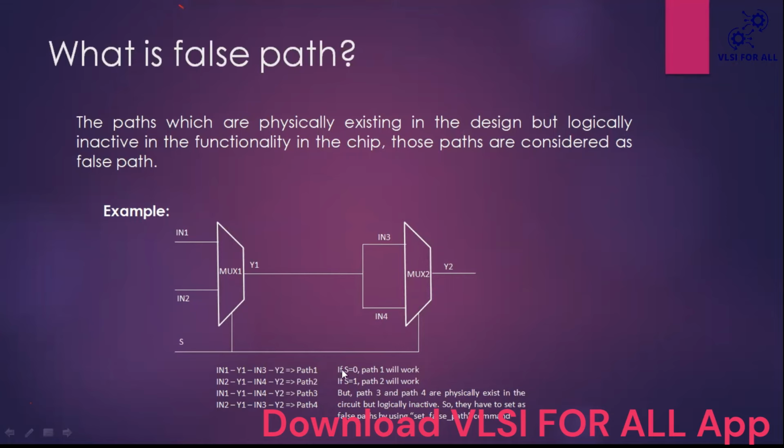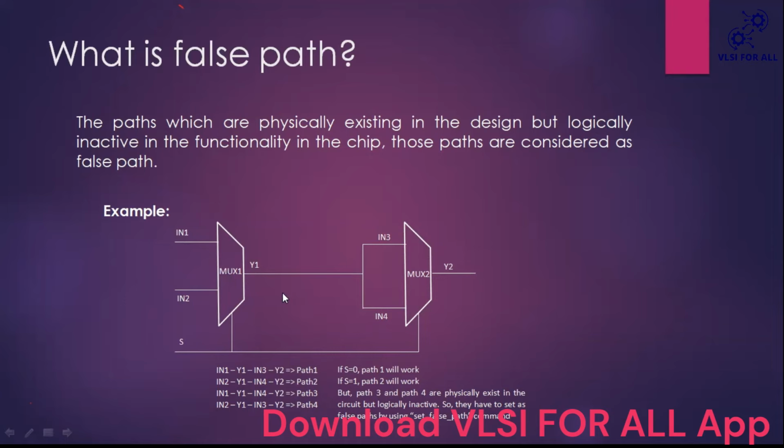But path 3 and path 4 are permanently not getting activated in any scenario, because a single selection line is going to both muxes. That makes path 3 and path 4 inactive.